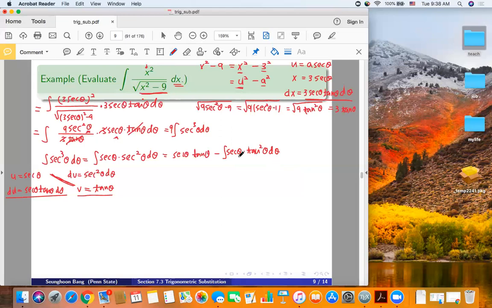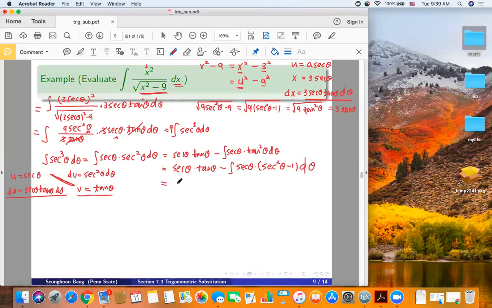How can you solve secant theta times tan squared theta? You can use an identity: tan squared theta is exactly secant squared theta minus 1. So we have secant theta tan theta minus the integral of secant theta times (secant squared theta minus 1) d theta.